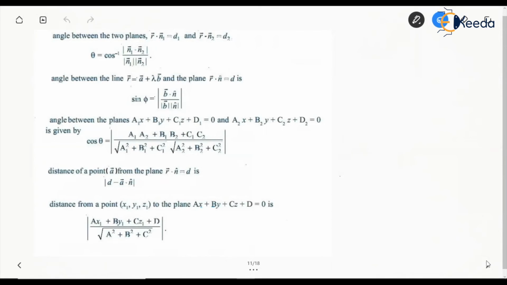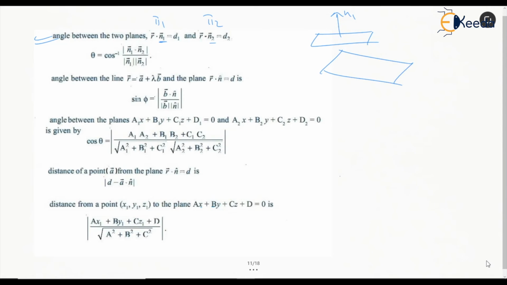Now what if we have to find the angle between two planes? So we know n1 is the normal vector for pi 1, and let's say n2 is the normal vector for pi 2. Like this is a plane and this is normal vector n1, and let's say this is another plane and this is the normal vector n2, and we know that both these normals are 90 degrees from the planes.